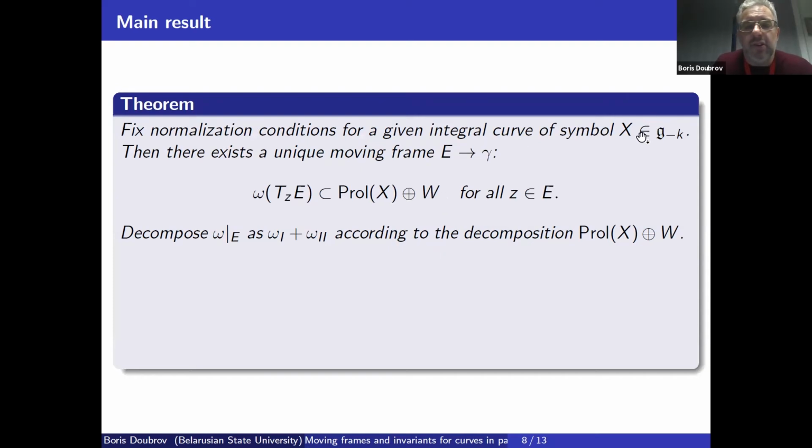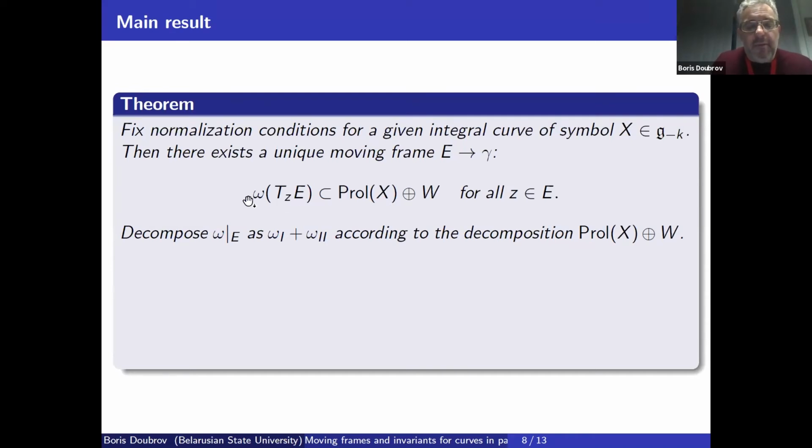We can prove that there is a canonical moving frame E over gamma, such that the image of omega on this bundle lies inside the prolongation of x plus our normalization conditions. And I recall that if we were able to put our frame inside the prolongation of x itself, our curve would be flat. But this W is what brings us these additional invariants that control how far we are from our model flat curve.